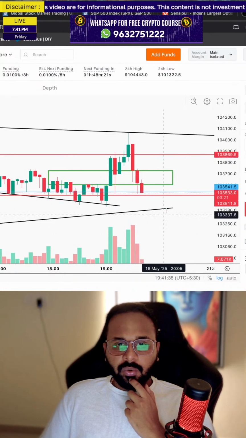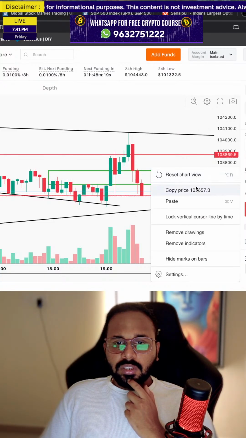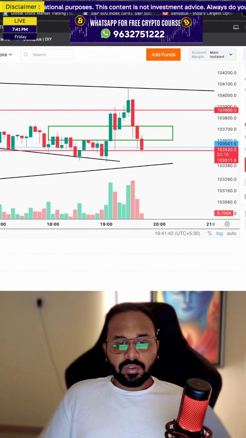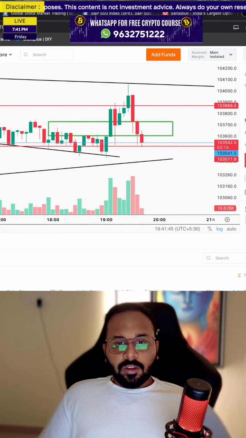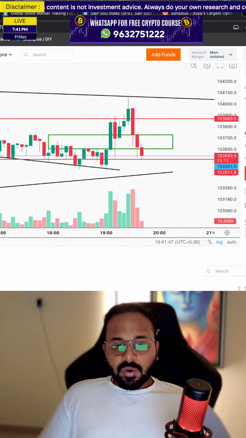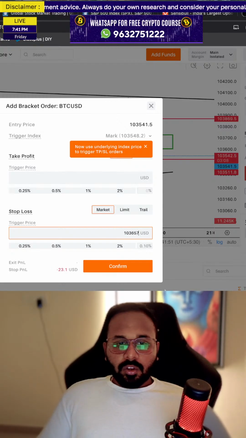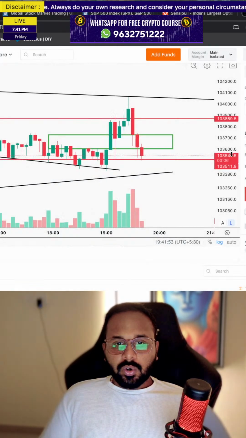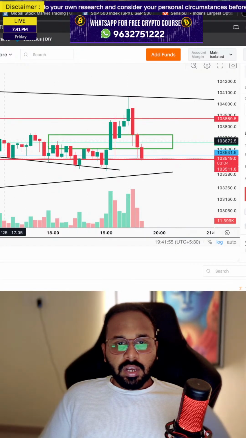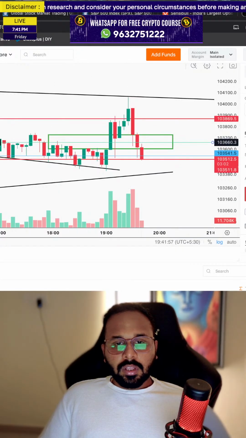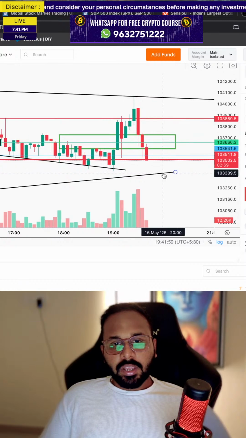It will continue. So quickly, above this level only, I'll keep the stop loss. If the big player wants to do the continuation, let him do it from this zone. This is the maximum risk I will be taking.